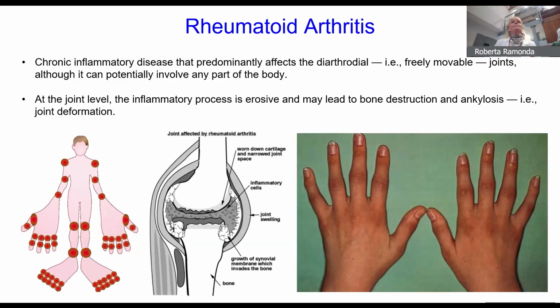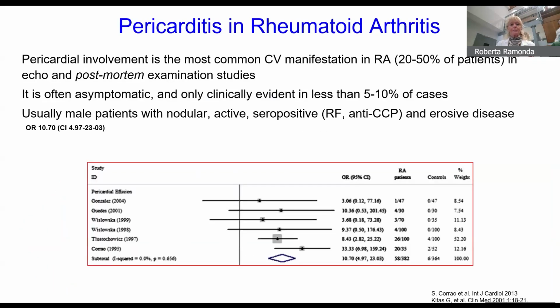It is characterized by the involvement of the mobile joints, and by an inflammatory process that is erosive, with evolution to bone destruction, ankylosis and deformity of the joints.